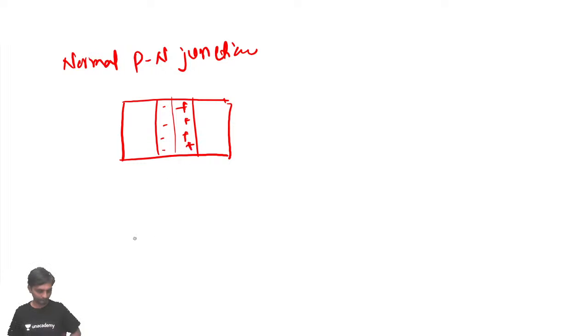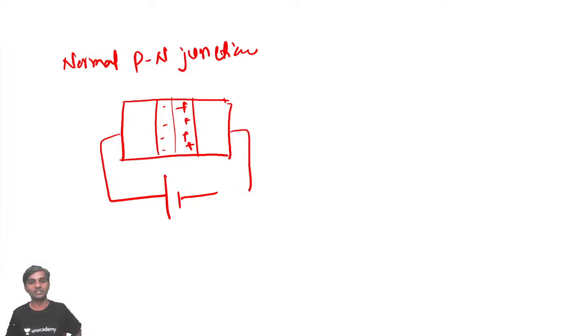As we apply a positive voltage, this potential barrier starts decreasing and decreasing. Suddenly it disappears after, let's say, some voltage of 0.7 volts. So after it disappears, holes will move from this area to this area, and electrons will move from this area to this area.